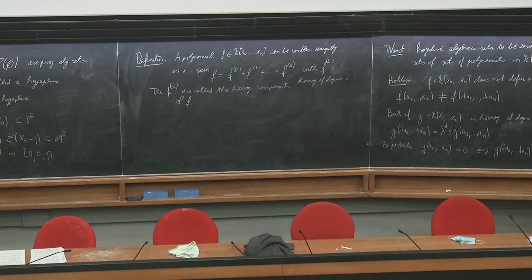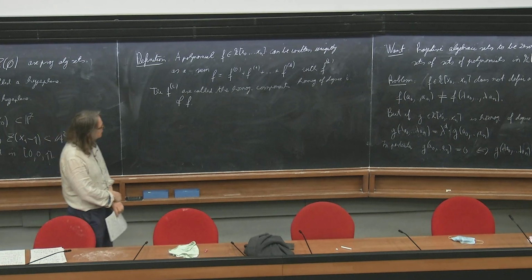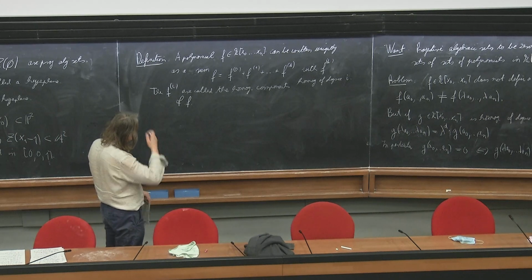An ideal will be called homogeneous whenever, with every polynomial, it also contains all its homogeneous components.